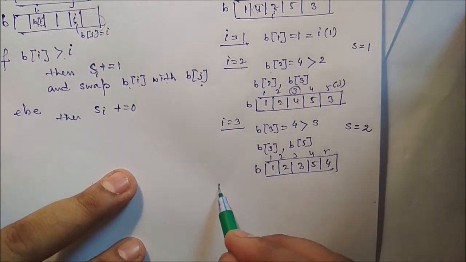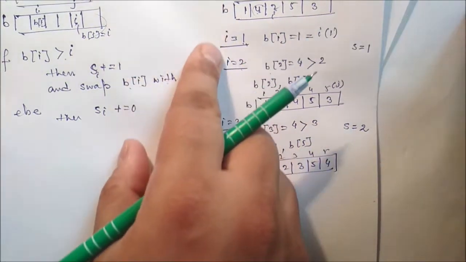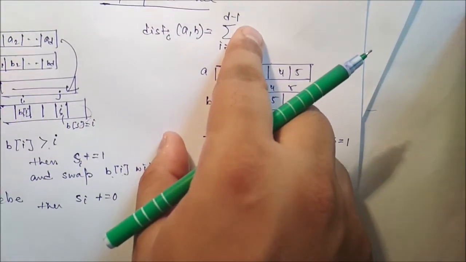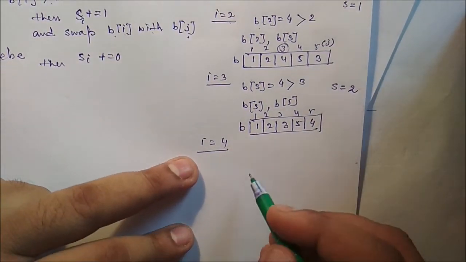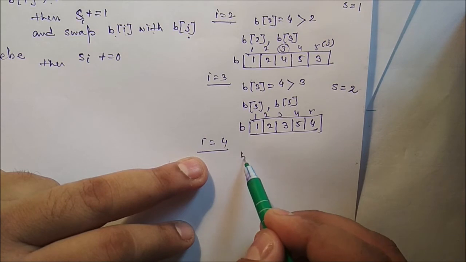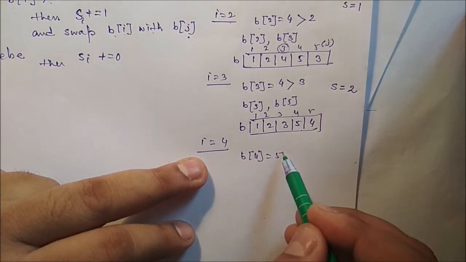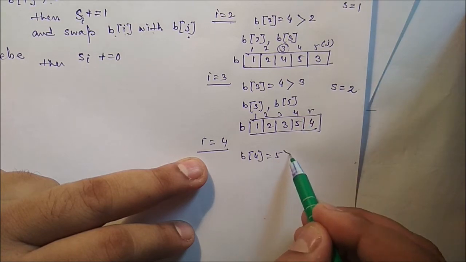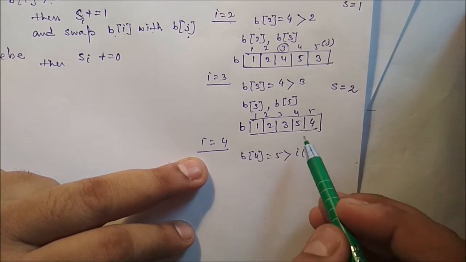Okay. Next, i is equal to 4. It goes from i equal to 1 to D minus 1, where D is equal to 5, so i from 1 to 4. This is our last iteration. What about B4? B4 is 5, which is greater than its index i, which is 4. Where is 4?